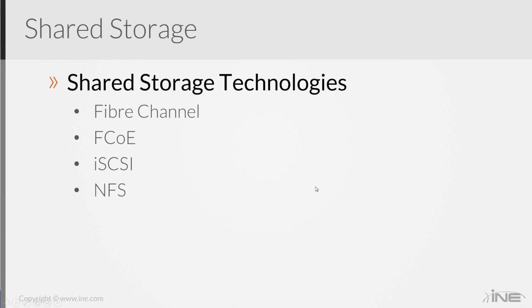Here we have a couple of different shared storage technologies that are available to us in ESXi. We could configure Fiber Channel, Fiber Channel over Ethernet storage, iSCSI and NFS storage. For our purposes in this course, we'll be dealing mostly with iSCSI and NFS.